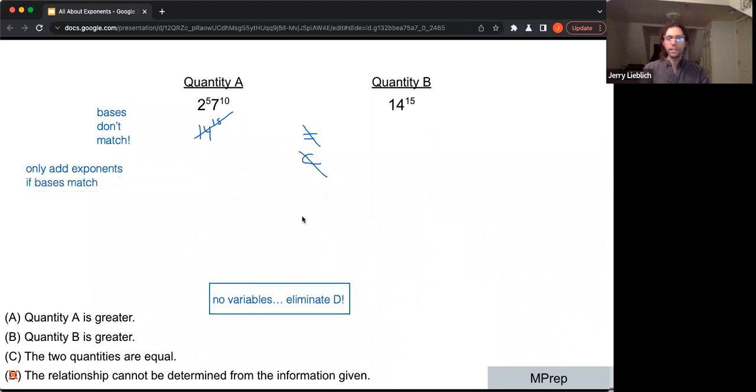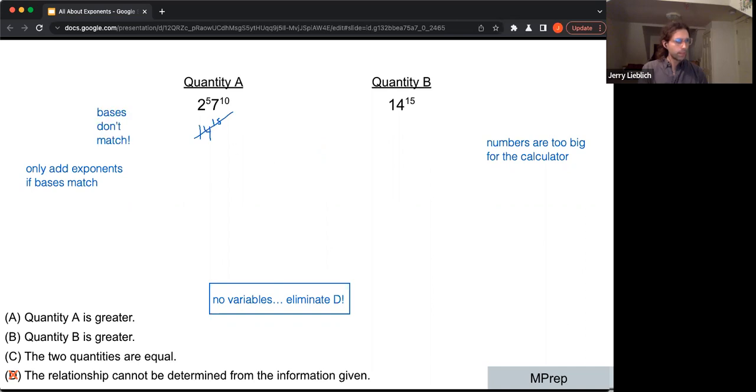So what am I going to do instead? Well, these numbers are too big for the calculator. Remember, the calculator doesn't have an exponent button. So I couldn't just plug this in. And if I did, I'd probably get an error sign. So what am I going to do instead?